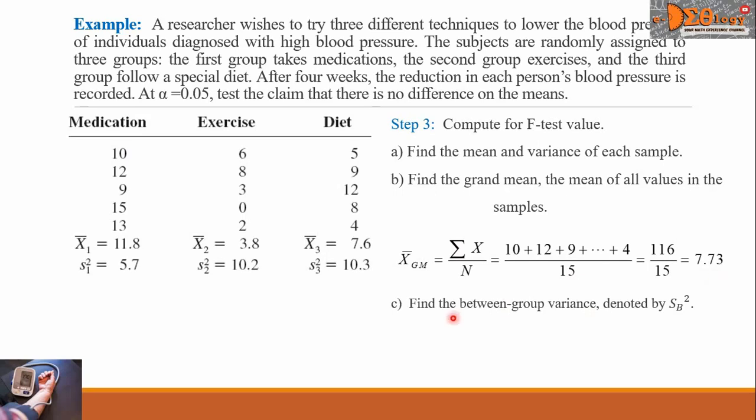Step C, find the between group variance, denoted by S sub B squared. And the formula is here.